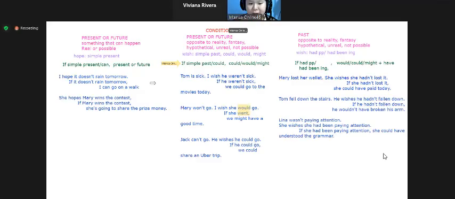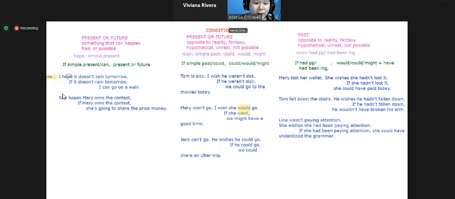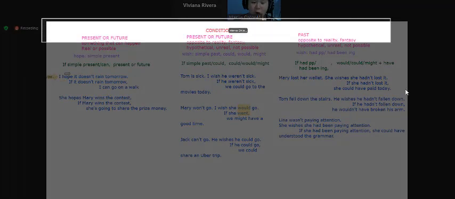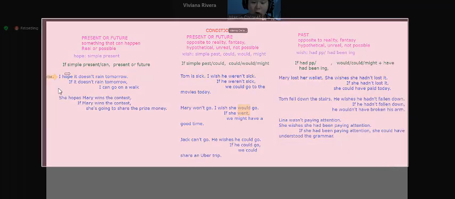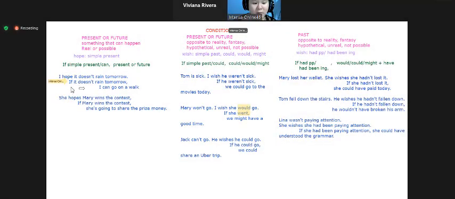No. If you want, let's read the examples. I'll read the hope and the wish, and you read the conditional. I hope it doesn't rain tomorrow. If it doesn't rain tomorrow, I can go for a walk. Next, she hopes Mary wins the contest. If Mary wins the contest, she's going to share the prize money.